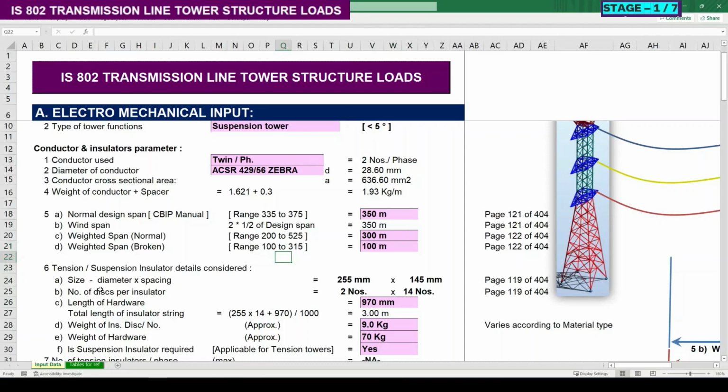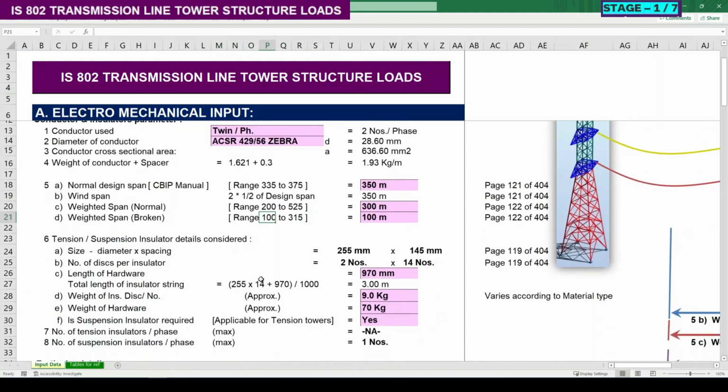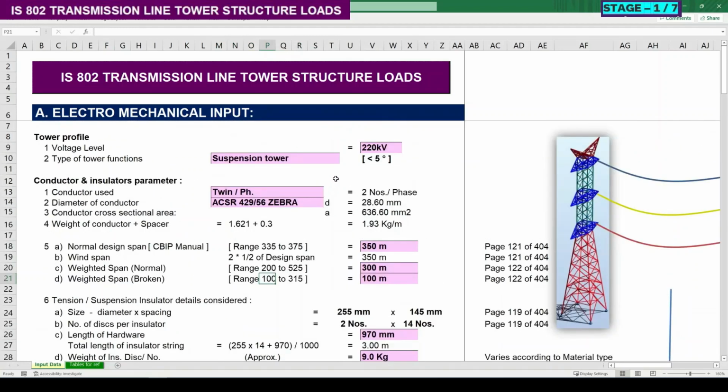Next, we need to find out the input for tension or suspension insulator details. Here the tension insulators will not be applicable if we are designing a suspension tower.